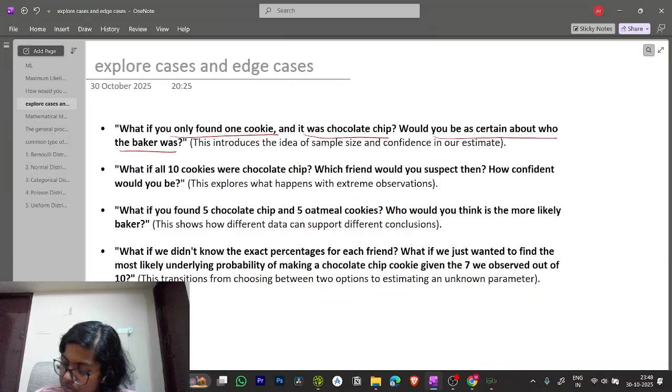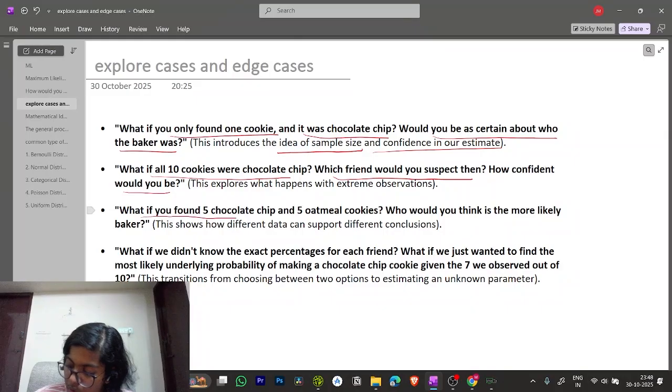This talks about the idea of sample size and confidence in our estimate. Just read it and keep it in your mind, and when we do the mathematical derivation, you will understand why we are talking about this. Next, what if all 10 cookies were chocolate chip? Which friend would you suspect then? How confident would you be?